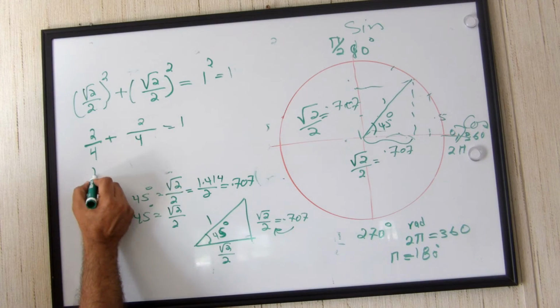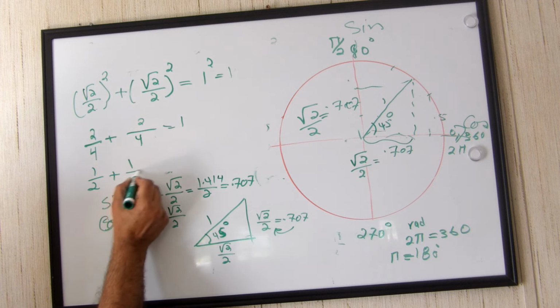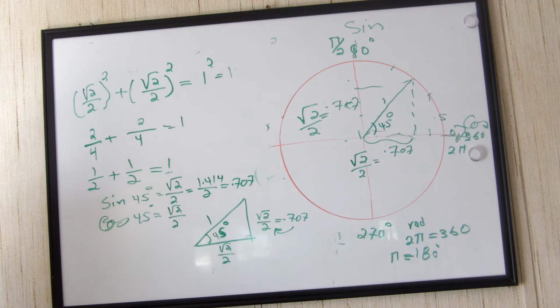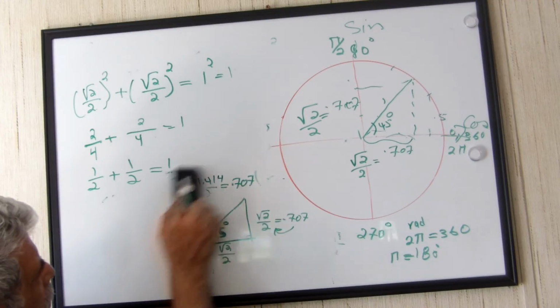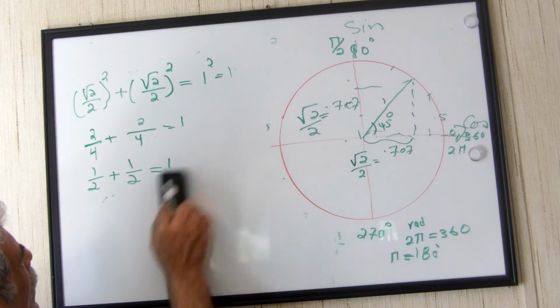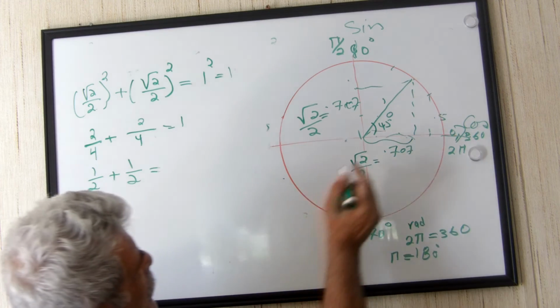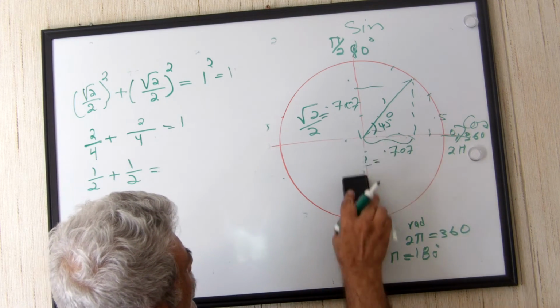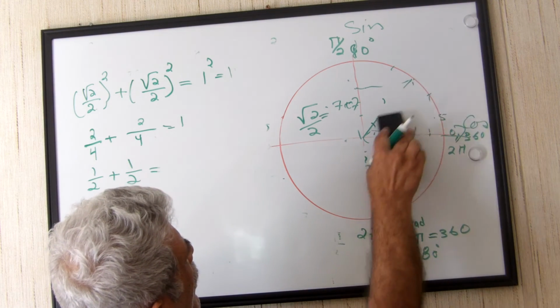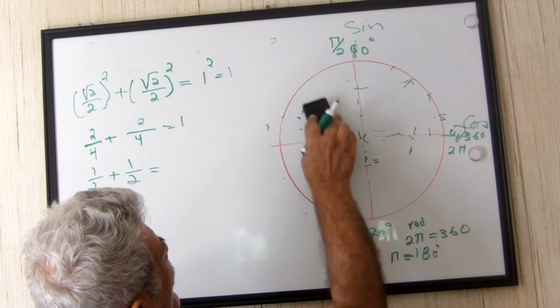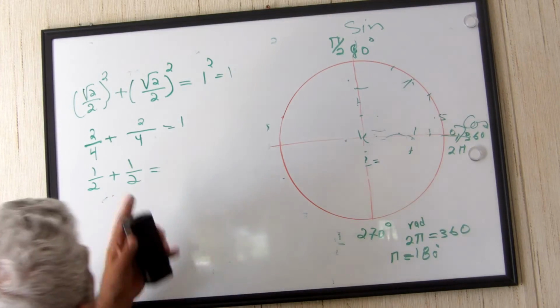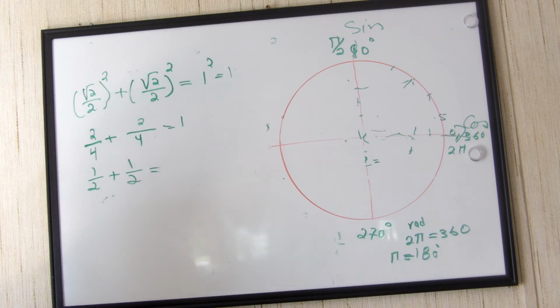If we simplify, this is going to be 1 over 2 plus 1 over 2 is equal to 1. 0.5 plus 0.5 is going to be 1. So it shows that for this 45 degree, this is the sine and this is the cosine of that.